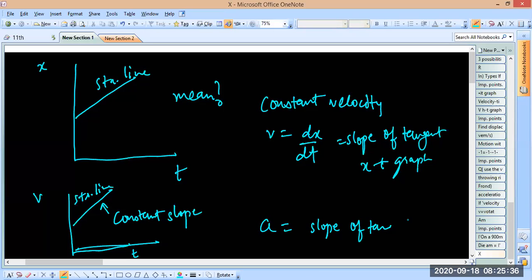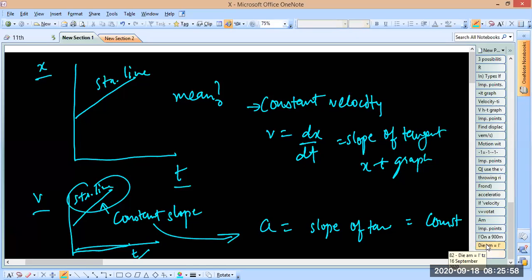So that's why this is going to be constant. Yes, in xt straight line means constant velocity, but in vt straight line means constant acceleration. All right, that's what is going on. Okay, fine. Coming back to this question.